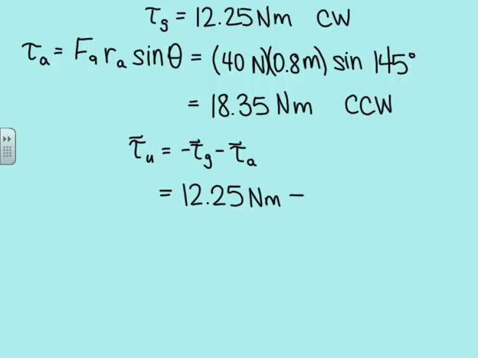That's counterclockwise, so it's positive. 12.25 Newton meters minus 18.35 Newton meters gives me negative 6.10 Newton meters, or 6.10 Newton meters clockwise.